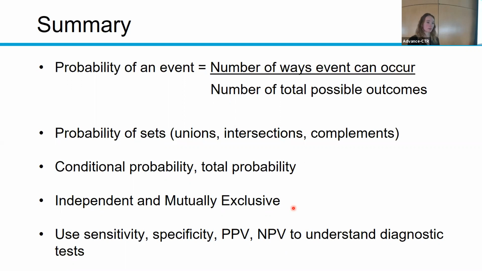We went over some formulas for conditional probability and total probability through the law of total probability and Bayes' theorem. We talked about independent and mutually exclusive events, and we spoke about sensitivity, specificity, PPV and NPV, which are your positive predictive value and your negative predictive value, to understand diagnostic tests.